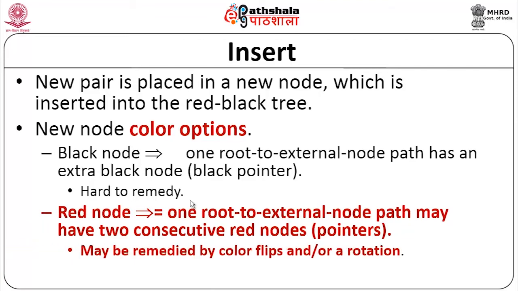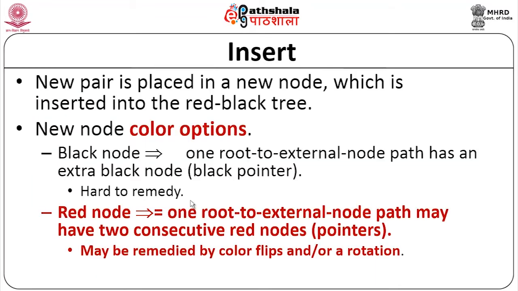Then it may be remedied by color flips or by a rotation. So, this is the basic color options that we have. Black, if it violates the black property, is very difficult to remedy, but if you violate the red node property because of coloring it red, it is easy, you have to do some color flips as well as some rotation.